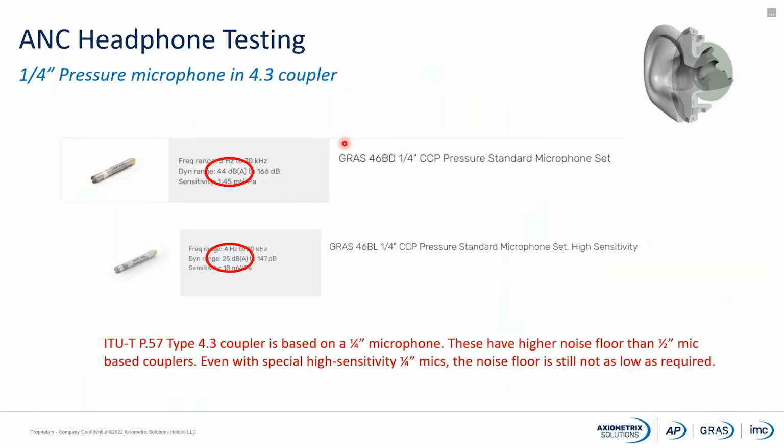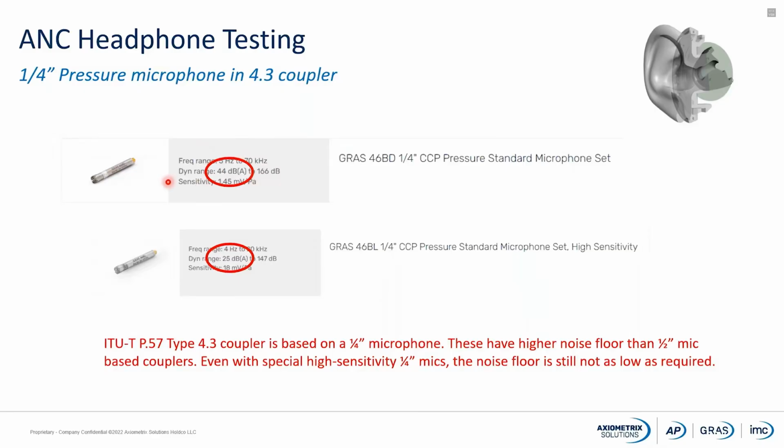If we consider the type 4.3 coupler specified in the ITU P.57, the problems can go even further, because this coupler is based on the use of quarter-inch microphones. And quarter-inch microphones will have a higher noise floor.